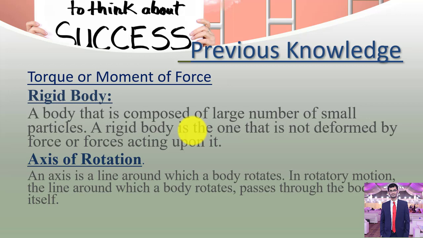Axis of rotation. In rotatory motion, we have learnt that axis of rotation is a line around which a body rotates. In rotatory motion, the line around which a body rotates passes through the body itself.